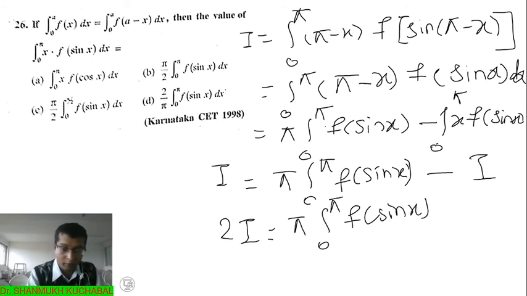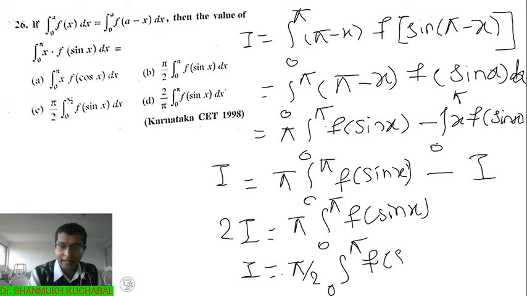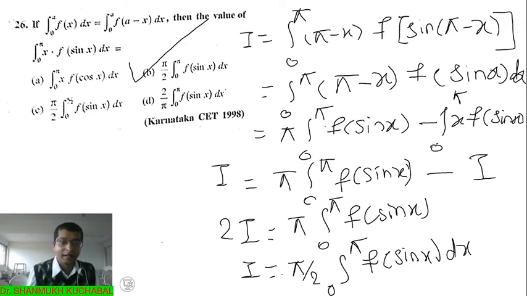Transporting the 2, we get I equal to pi by 2 integration 0 to pi f of sin x into dx. Therefore the correct option is pi by 2 integration from 0 to pi f of sin x dx. Therefore option B is the right answer.